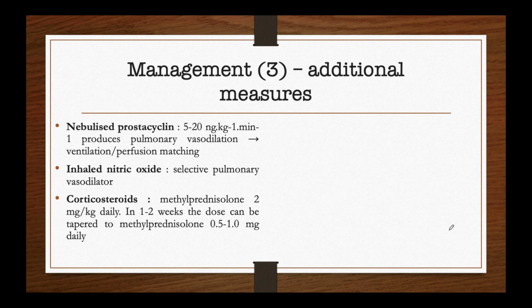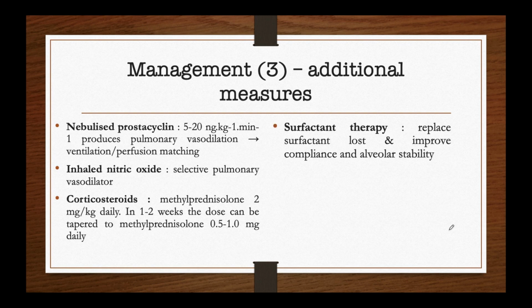Now we can also give what we call surfactant therapy, and as we said earlier on, we know that surfactant helps in reducing the surface tension of the lung, and also helps in the expansion of the lungs.